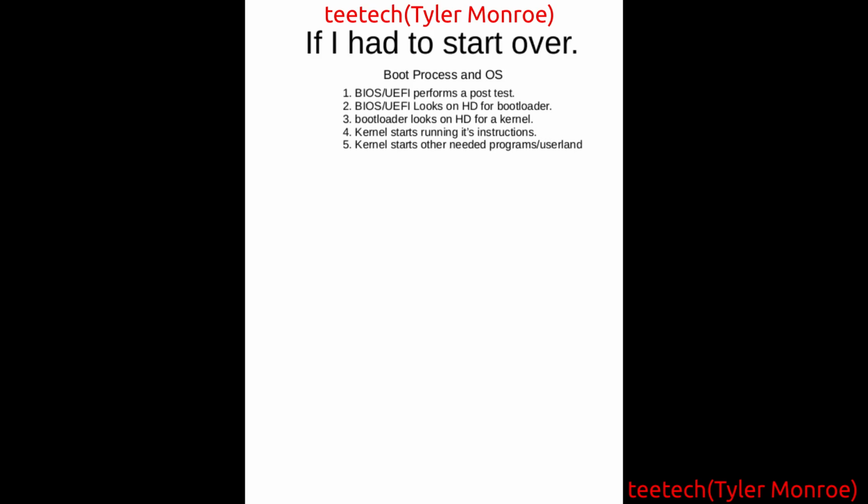After this, though, it looks on the hard drive for a bootloader. Okay, and what the bootloader does is it looks on the hard disk for a kernel. So once the BIOS finds the bootloader on the hard drive, the first thing is, when you click the power button, the BIOS loads into the CPU. That's the first thing the CPU knows.